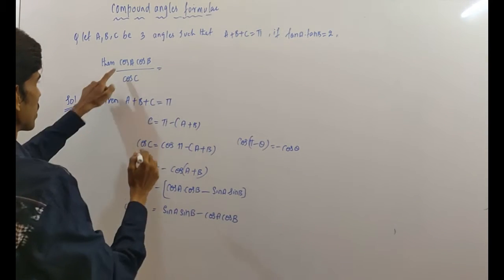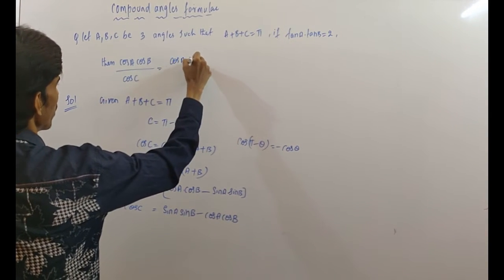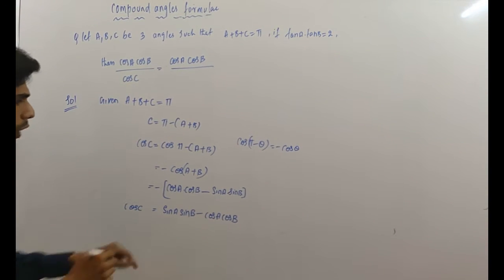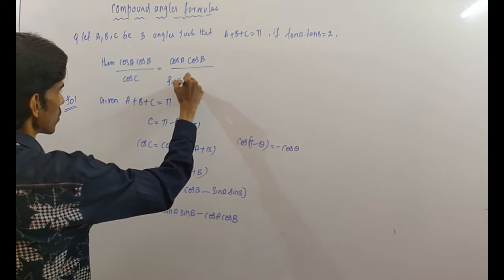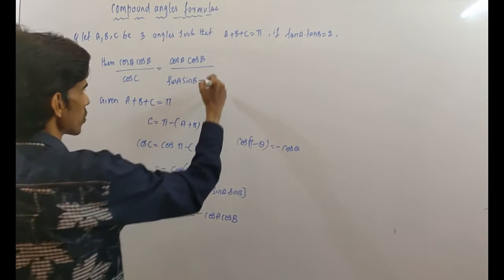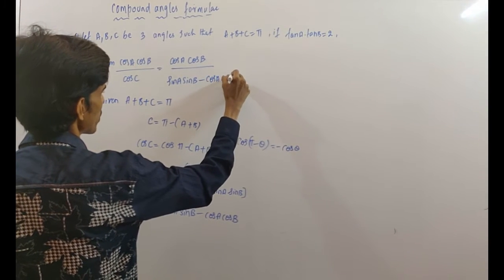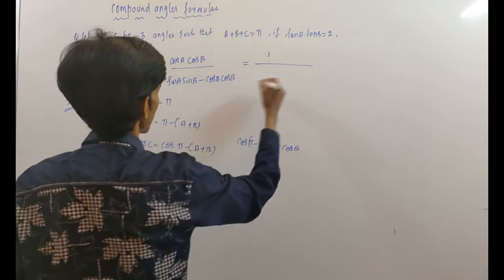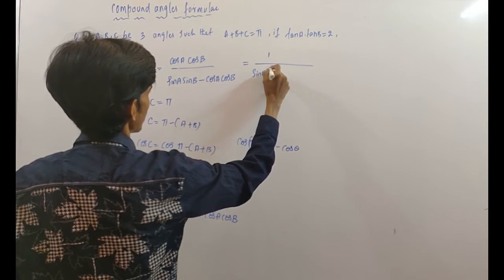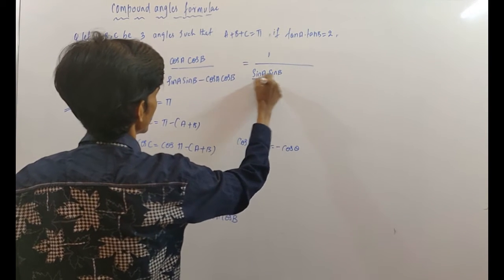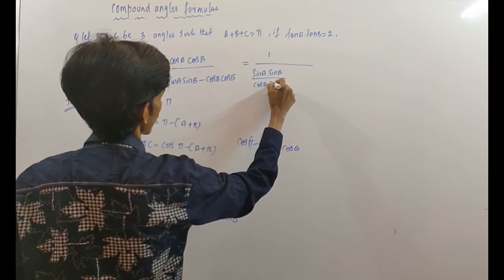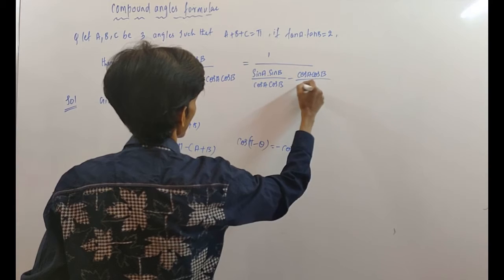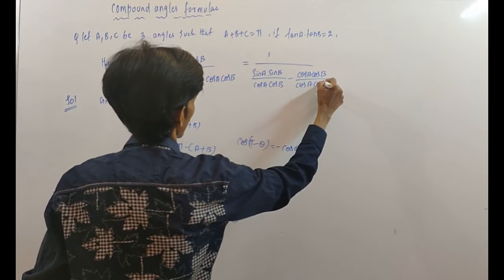Now this can be written as cos A into cos B divided by cos C, where cos C is replaced by this value, sin A sin B minus cos A cos B. Now send this numerator to the denominator, it will become 1 divided by (sin A sin B divided by cos A cos B minus cos A cos B divided by cos A cos B).